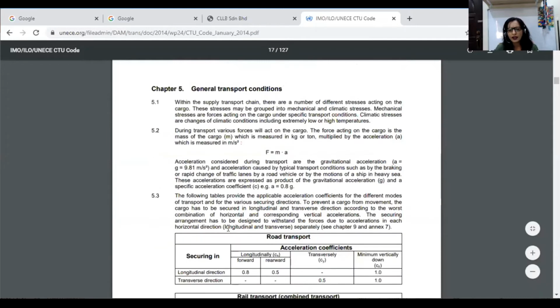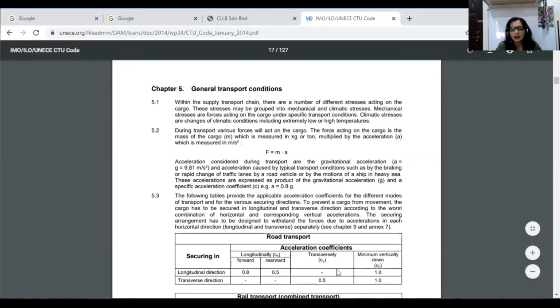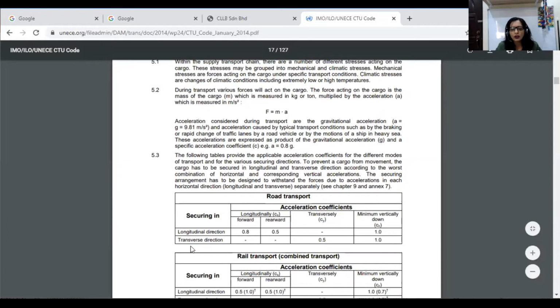And after that, they go a little bit into road transportation. When they cover road transportation here, they're talking about when you're securing cargo in the longitudinal or transverse direction, what the acceleration levels are that are required.